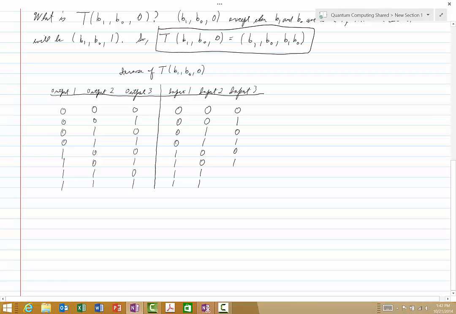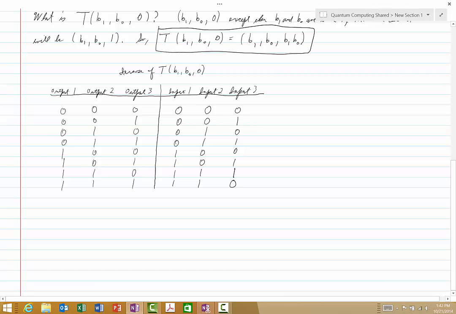So the last two cases are the only two where A and B are both equal to 1. Can we say what C was in each one of those cases? I think the answer is yes, because when the first two inputs are 1, it's going to invert the third one. So if the output was 0, the input must have been 1. And if the output is 1, the input must have been 0. So this is indeed a reversible situation.